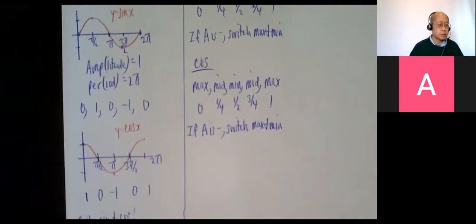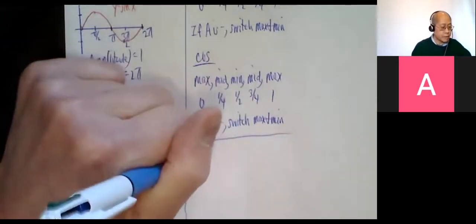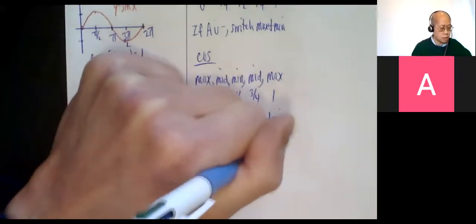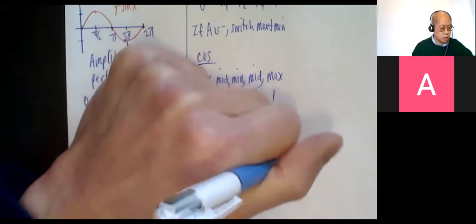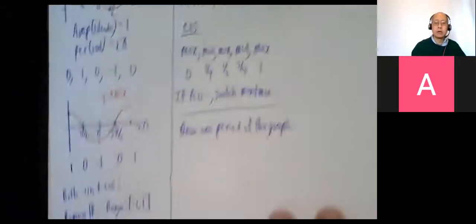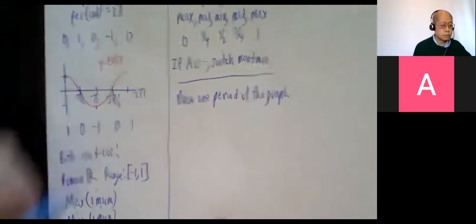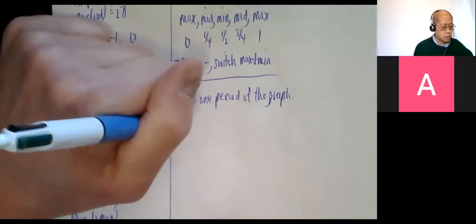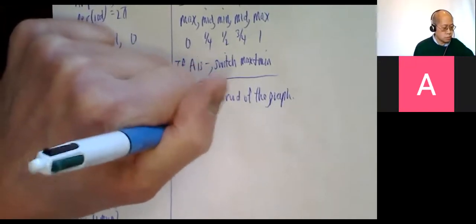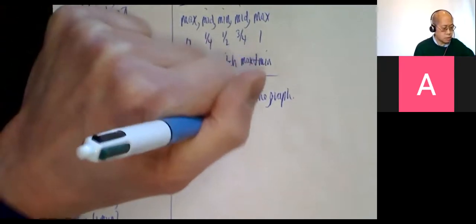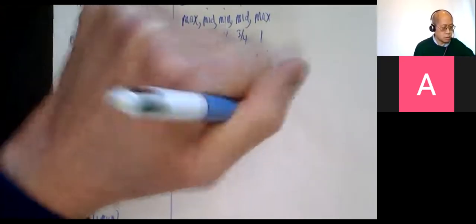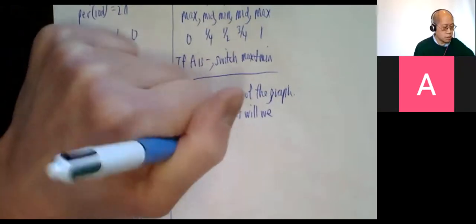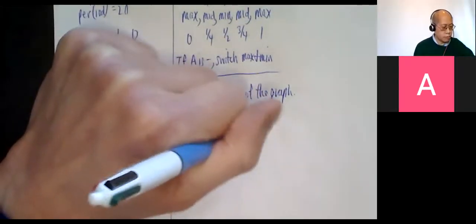All right. Now, most of these graphs, we're going to be asked to draw one period of the graph. So we'll have to answer for what x values will we have 1 period.